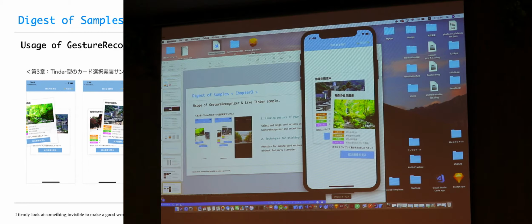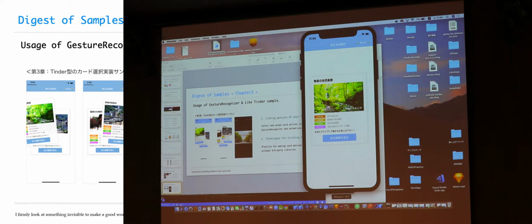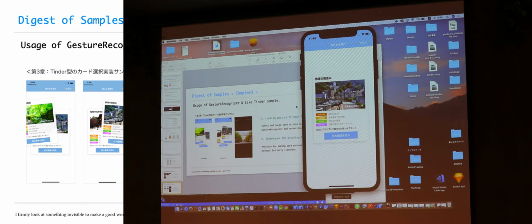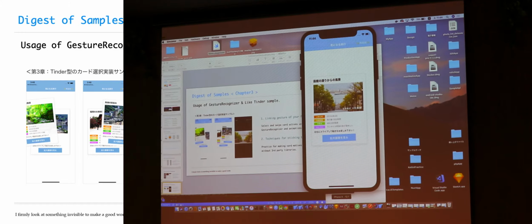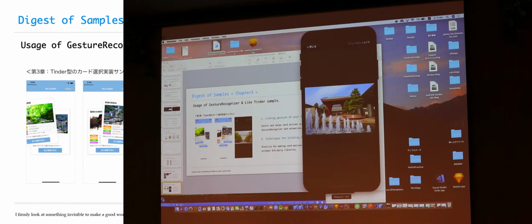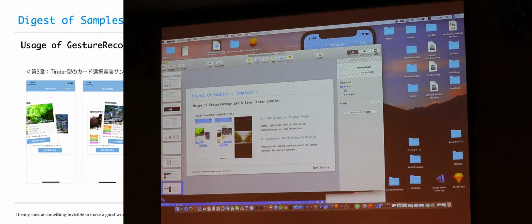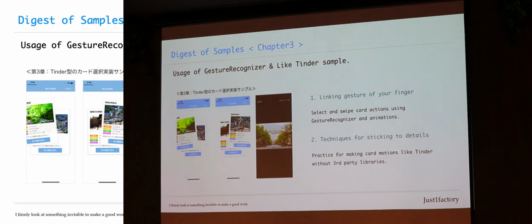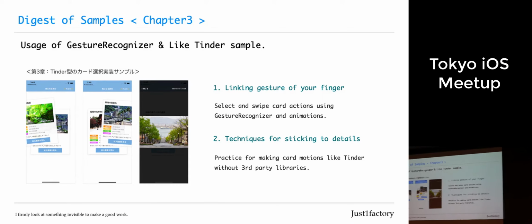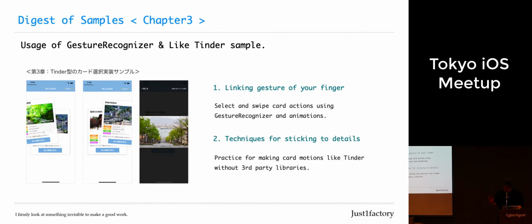Drag, swipe, and expand some thumbnails. Two points. Linking to the gesture of your finger.